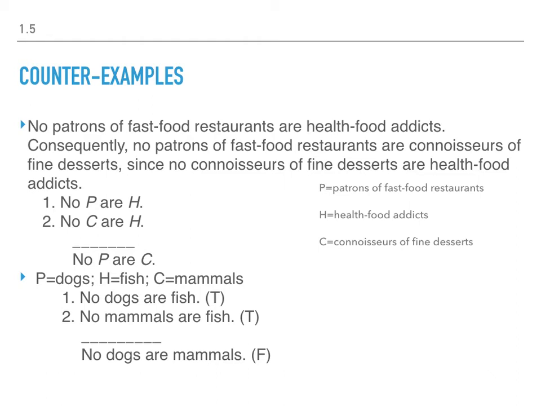It is false that no dogs are mammals, showing that the argument form represented there is invalid, because there's a possible way of interpreting it where the premises are true and the conclusion is false, showing that the original argument is therefore invalid, because there is a possibility that something with that form could have true premises and a false conclusion. So this is why the definition of validity sets a very, very high bar for arguments.